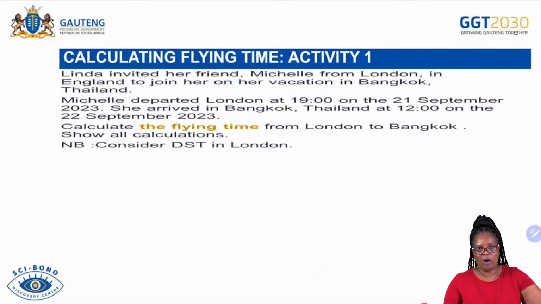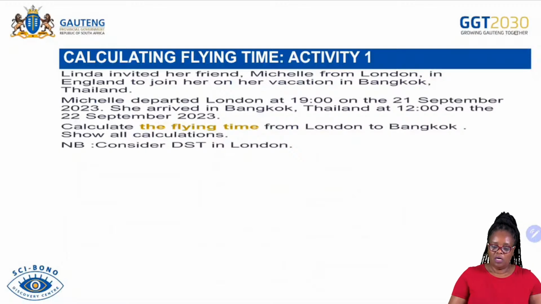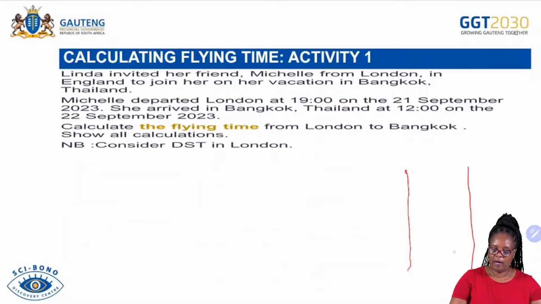When you move from one country, one place, one city to another, here we have to determine the flying time, how long your flight took to arrive at another place. So remember our first rule. From the map, you take the 2 lines as they are. Here I have put mine. We have the 2 lines as they are.